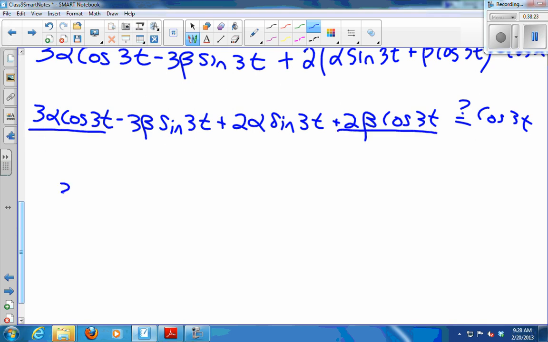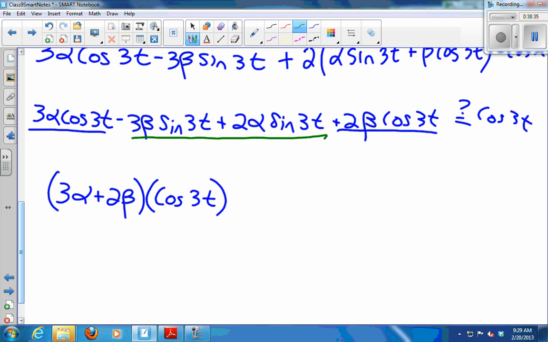So I've got 3 alpha plus 2 beta times cosine 3t. And then my sine 3t's, I'm going to have plus 2 alpha minus 3 beta sine 3t.